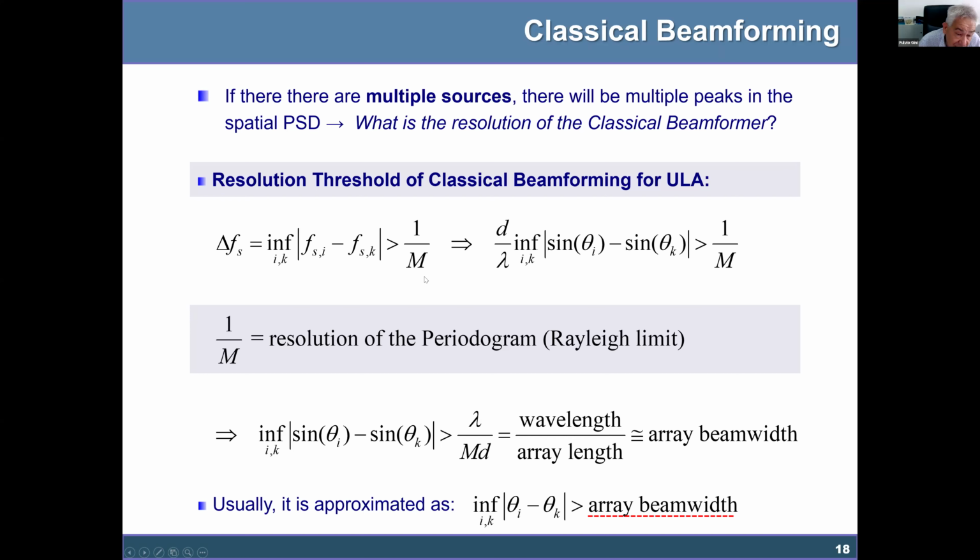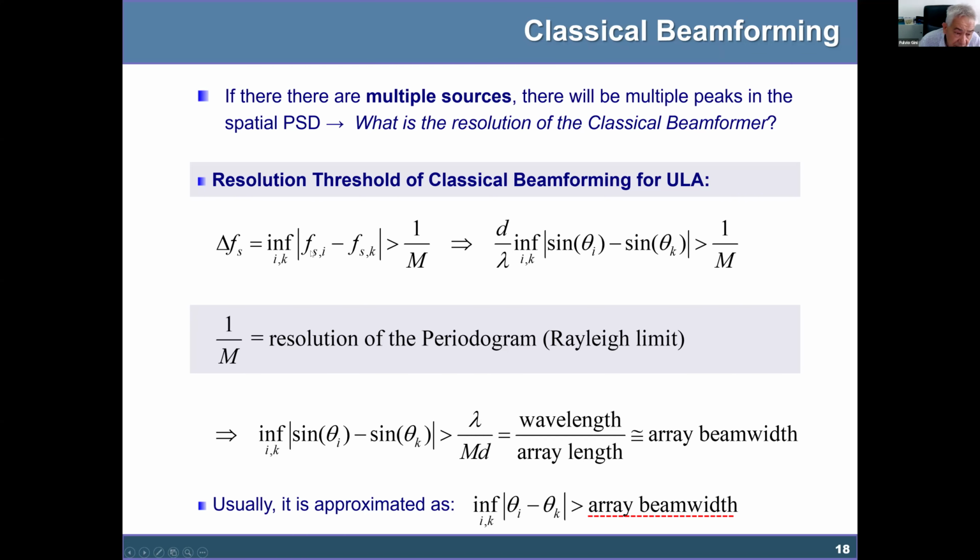And in this case, the sample size is the number of sensors. So it should be greater than 1 over n. This is the relationship that should be satisfied in order to guarantee that all the sources can be resolved, and their directions of arrival separately estimated.